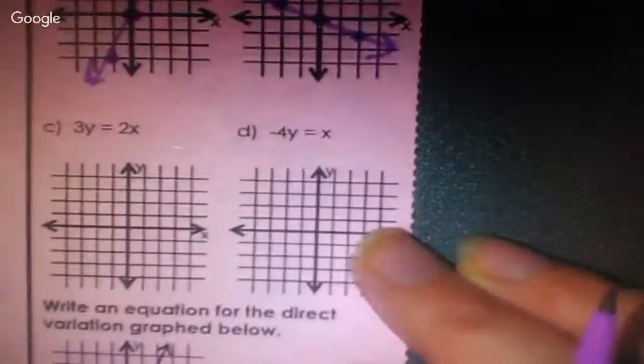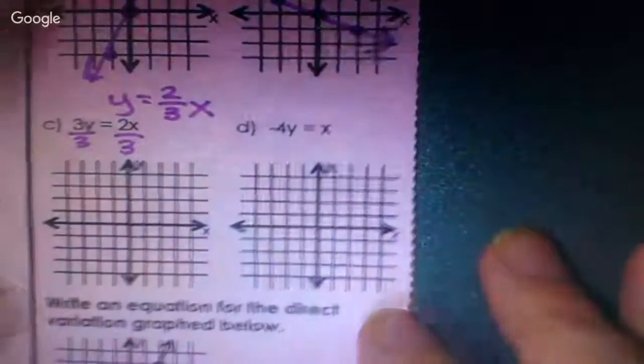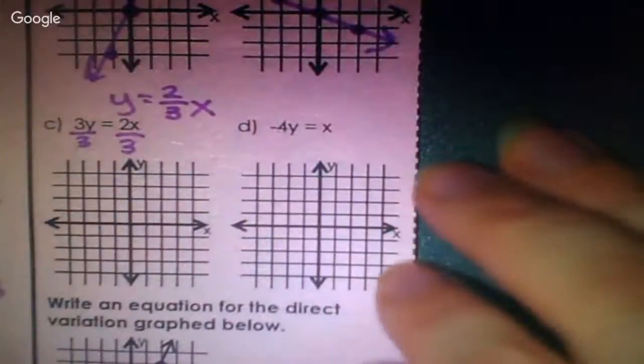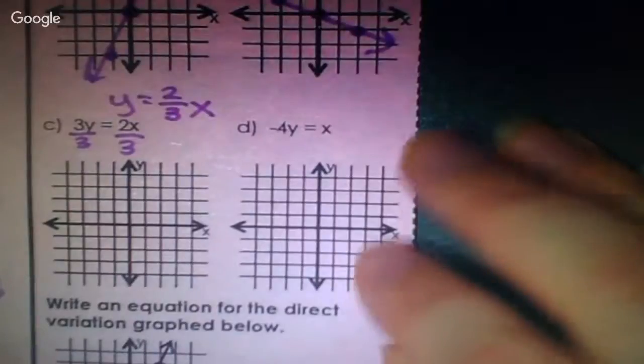Okay. Next, we have to divide by 3 to get our K value first. y = 2/3 x: up 2 and to the right 3, or you can go down 2 and to the left 3.